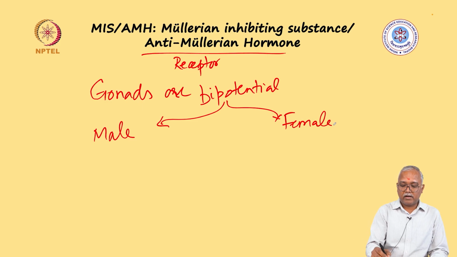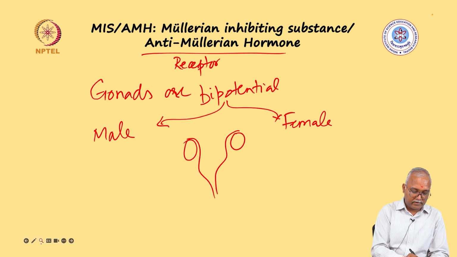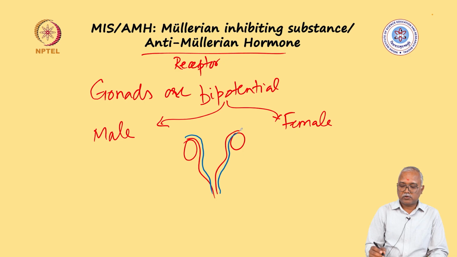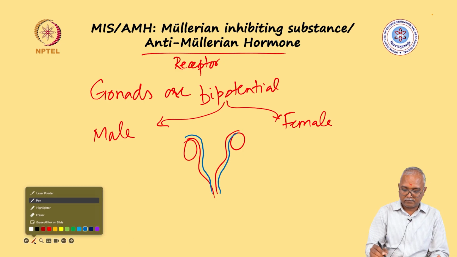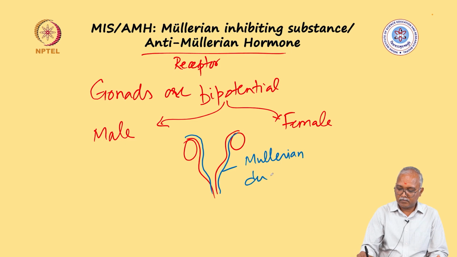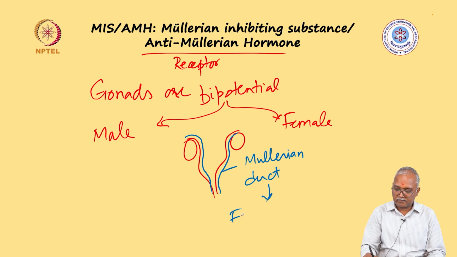And this is where if you simply look at the growing gonadal structure in the fetus, there are different ducts which are present. If I can put the two ducts in two different colors, one of the duct which is called Müllerian duct, when this duct differentiates, you get female structures.